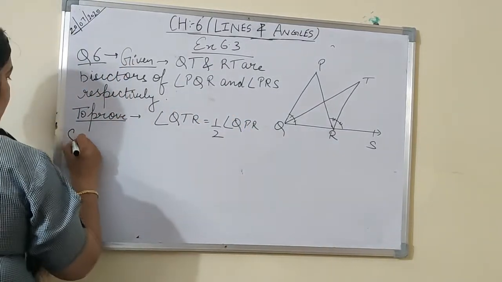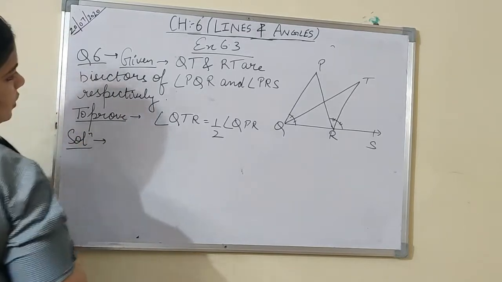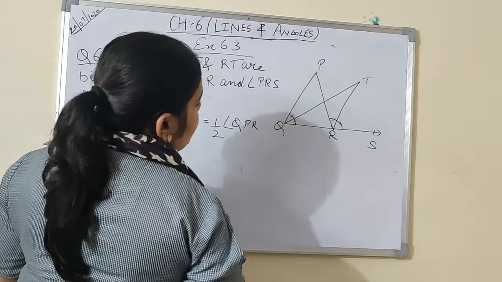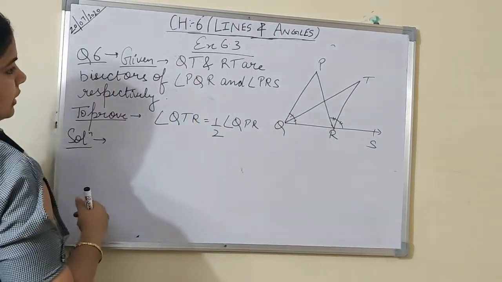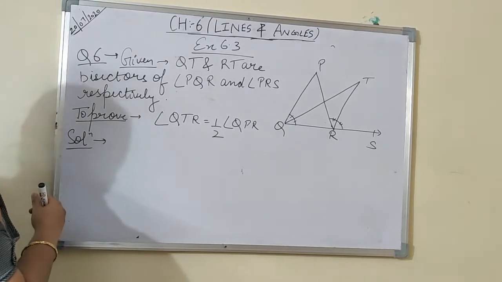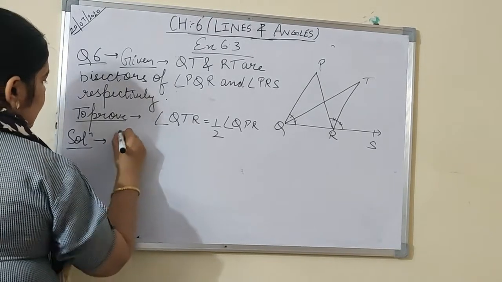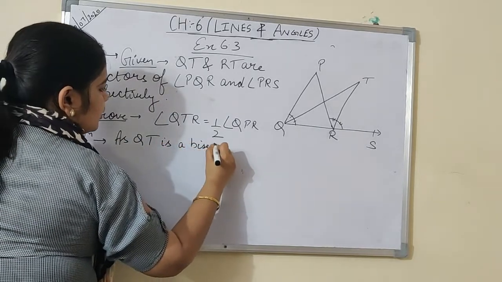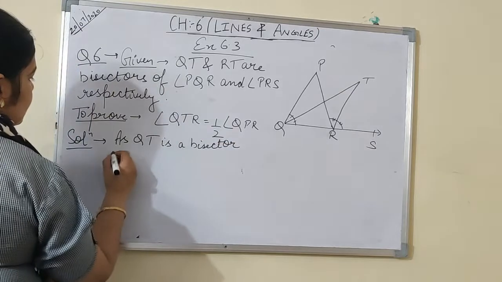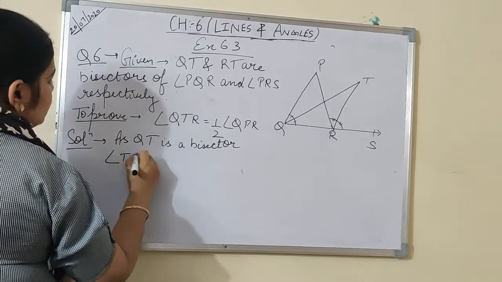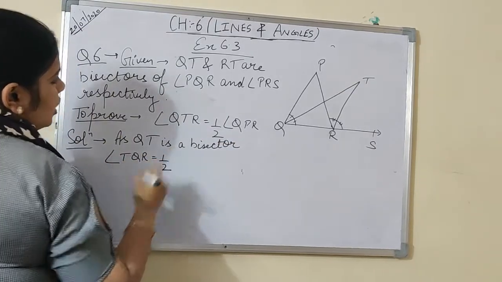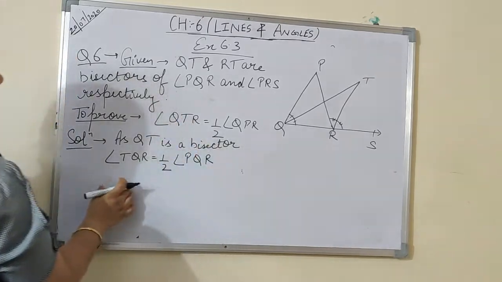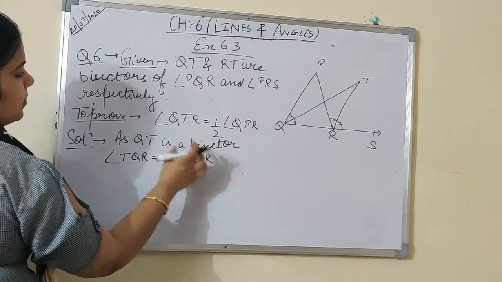Okay, now we are starting with that QT is acting as a bisector. First I am writing here that QT is acting as a bisector. So as QT is a bisector here, what can I write? That angle TQR is equals to half of angle PQR.